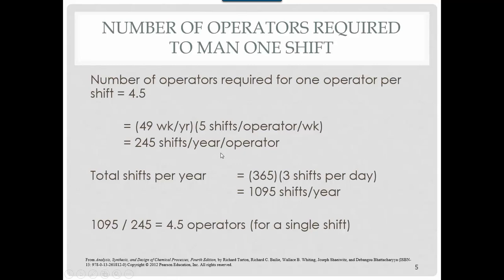That's what we can expect them to work. So 365 days, 3 shifts a day, that's typically what we need, meaning I have 1,095 shifts per year I have to fill. I have 245 shifts per operator per year. Therefore, it's going to take 4.5 operators for every shift that I'm wanting to fill.